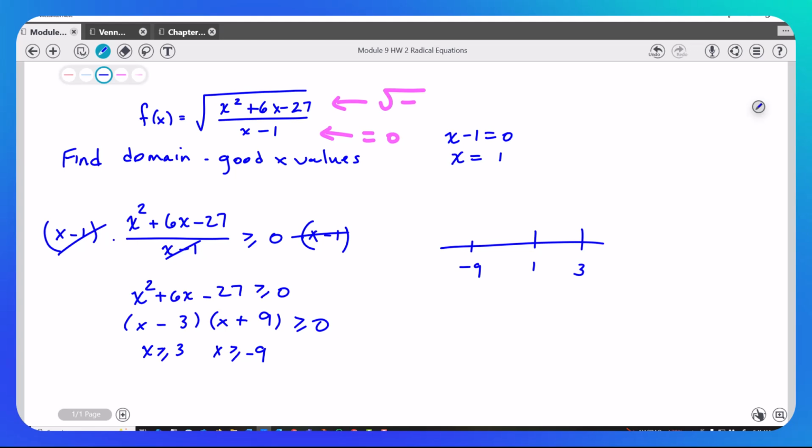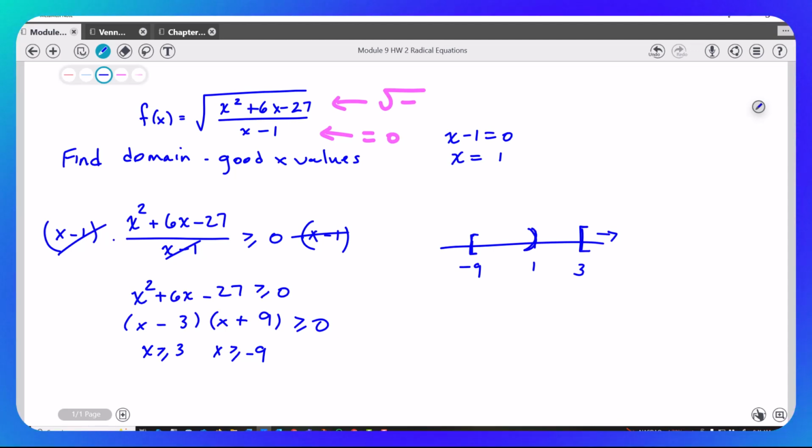Well, we're saying that it has to be greater than or equal to negative 9. Since it's equal to, we can use this square bracket. And then I can travel all the way to 1, but I cannot use 1. So that's the parentheses. And then I'm going to jump over and get to 3, and it can equal 3 and anything beyond.